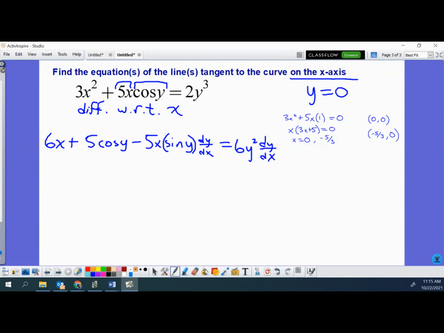Just keep everything positive if you can, right? We'll bring this term over and factor out the dy dx. So that's going to look like this: dy dx times (6y squared plus 5x sine y), and on the other side, I've just got 6x plus 5 cosine y.